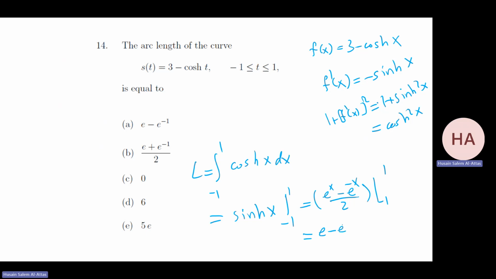That will be e minus e to the minus 1 over 2, minus e to the minus 1 minus e over 2. So that will be all over 2: e minus e to the minus 1 plus e. So I have 2e, that gives me e, and minus 2e to the minus 1, that gives me minus e to the minus 1, since I'm dividing by 2.